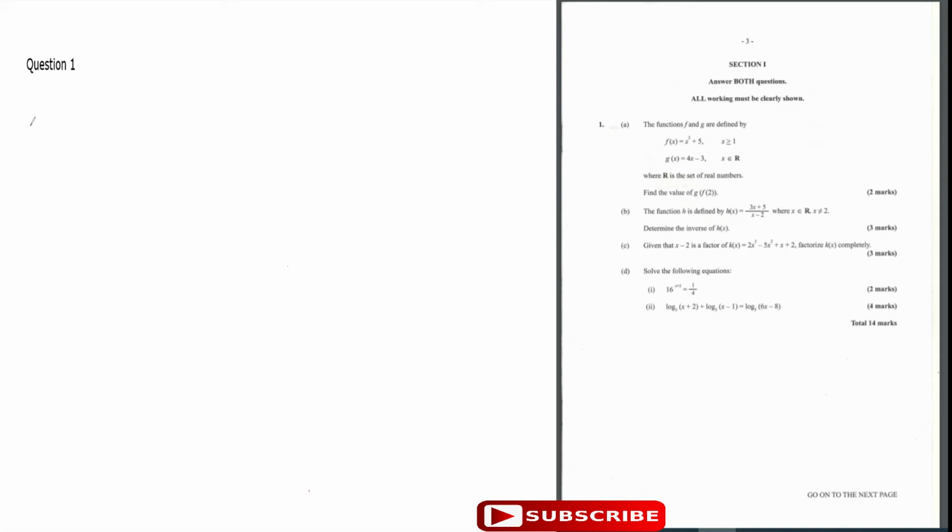So it gives us f of x and g of x, and it says find the value of gf of 2. First thing we notice is that f of x is equal to x squared plus 5. That's f of x.